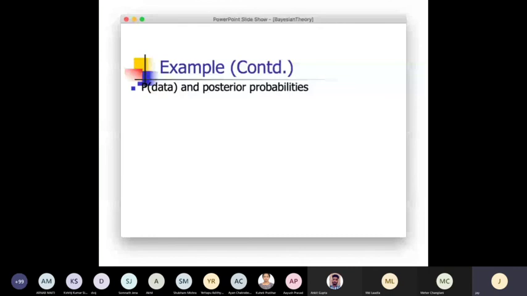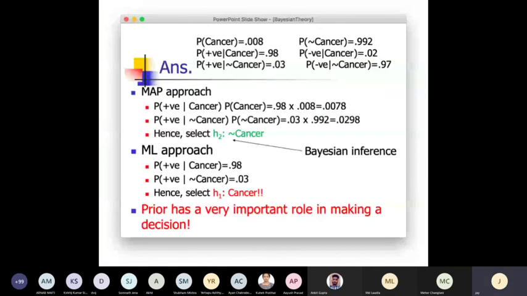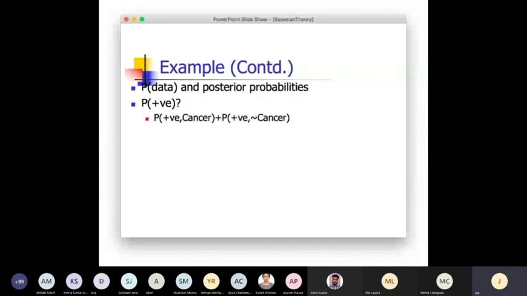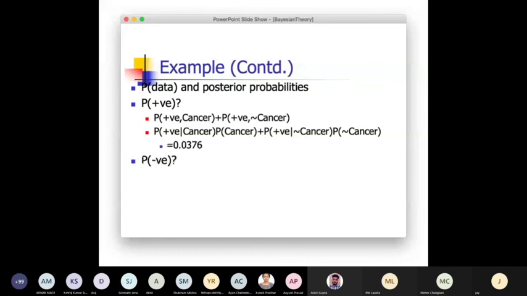If you see, for this case you had 0.0298, that was the product, right? So what should you do now? That product should be divided by the probability of data.